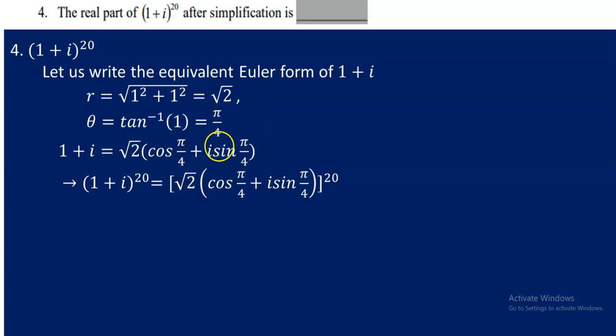Radical 2 times (cosine pi over 4 plus i sine pi over 4) to the power of 20. But we can write this like this, students. According to Euler form, r e to the power of i theta. Here r is radical 2, e to the power of i, theta is pi over 4. So we can have radical 2 e to the power of pi over 4 i, according to that form. But now here we have written it in polar form.